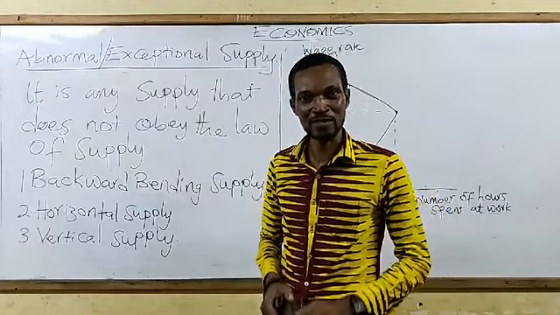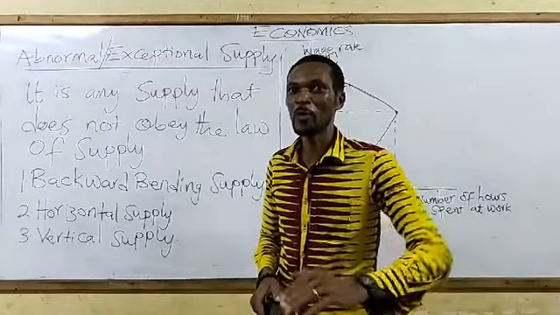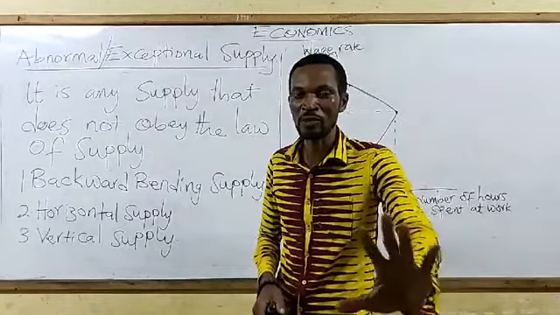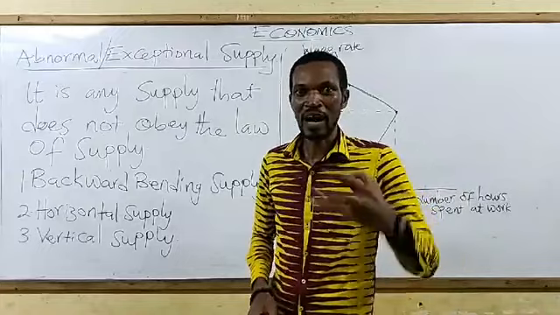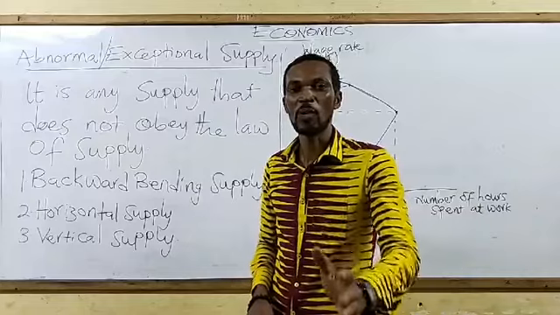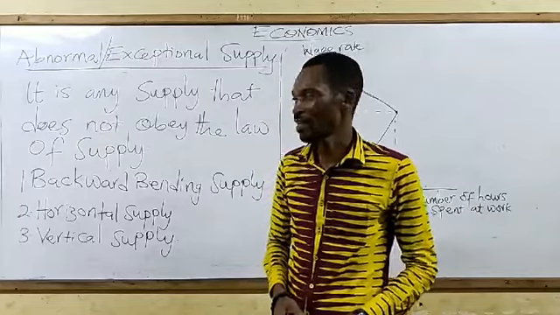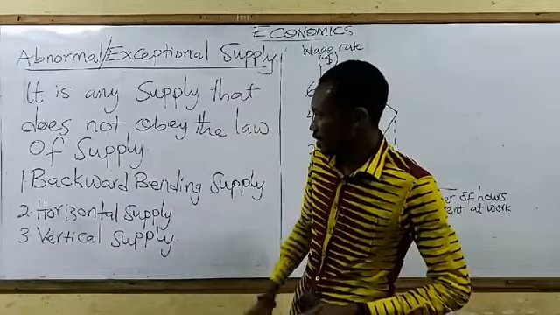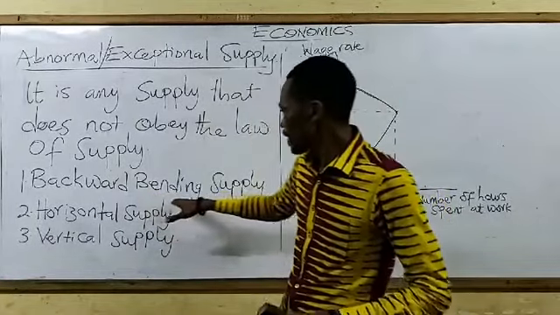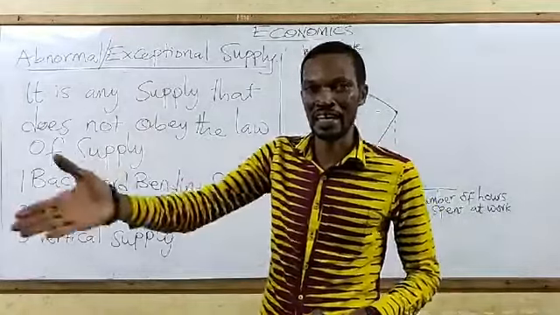In the exams, when you are asked what is abnormal demand, define abnormal demand. Don't define abnormal demand curve. When you are asked what is abnormal demand curve, go straight to define what abnormal demand curve is. That's where you get your marks. Okay? Right. So we are looking at 3. Backward bending supply, which is the same as the backward bending supply curve.